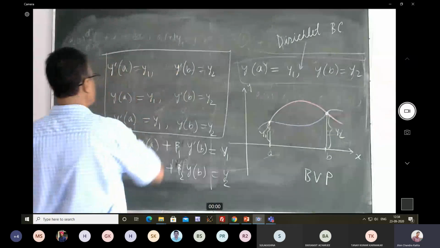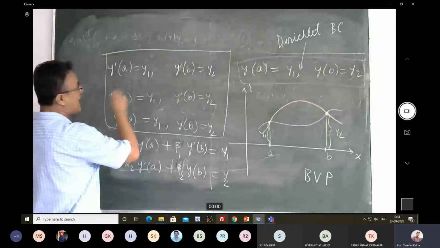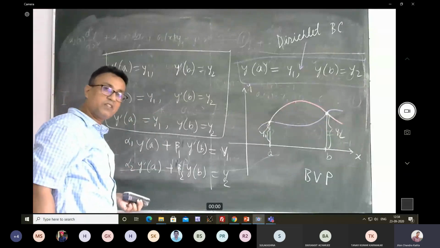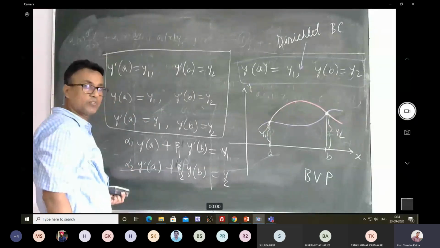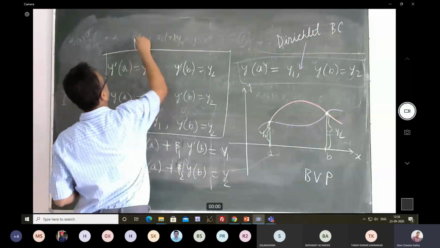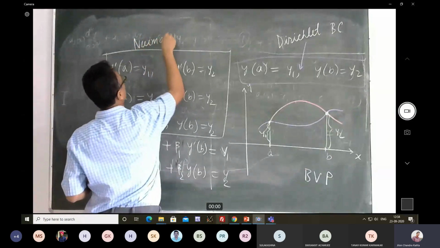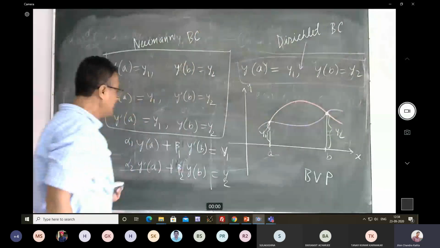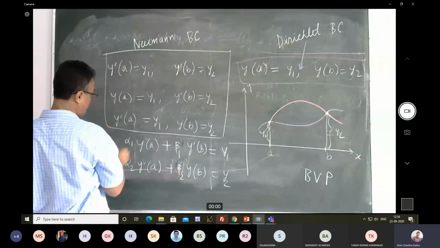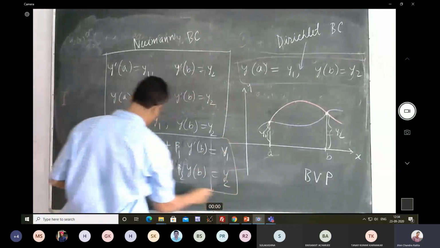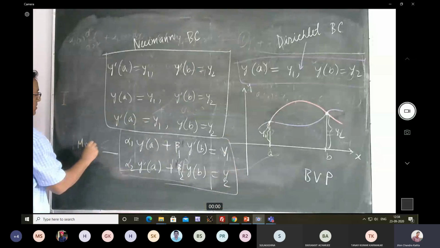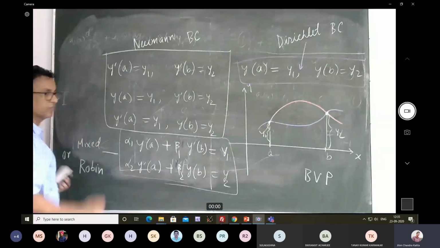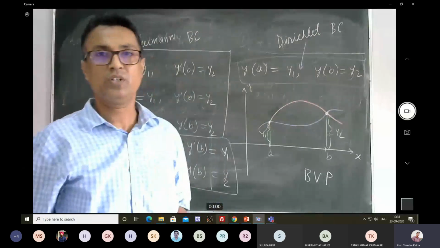So if you have a boundary condition given in terms of the derivative of the function at those points, we call it Neumann. It is not pronounced as Newman. It is Neumann boundary condition. And if it is a combination of both, then we say that it is mixed or Robin boundary conditions.